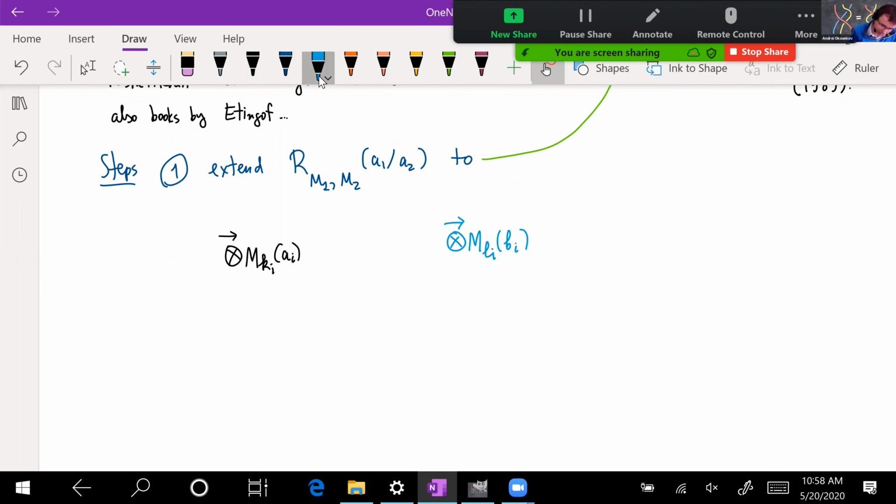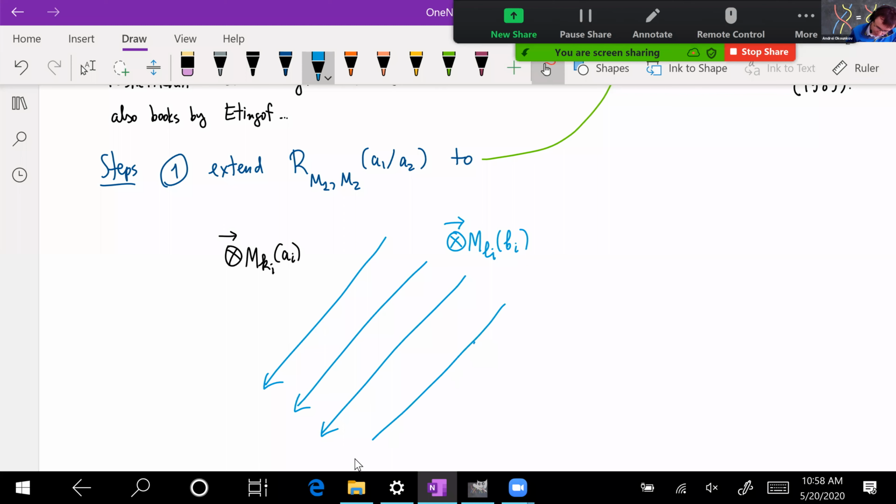Then I'd like to imagine this corresponding to a bunch of these lines as before. Previously one R matrix was corresponding to one line, and if I have a bunch, then I have a bunch of them. So this is from A1, A2, B1, B2, and I just multiply all our matrices in the order given to me.